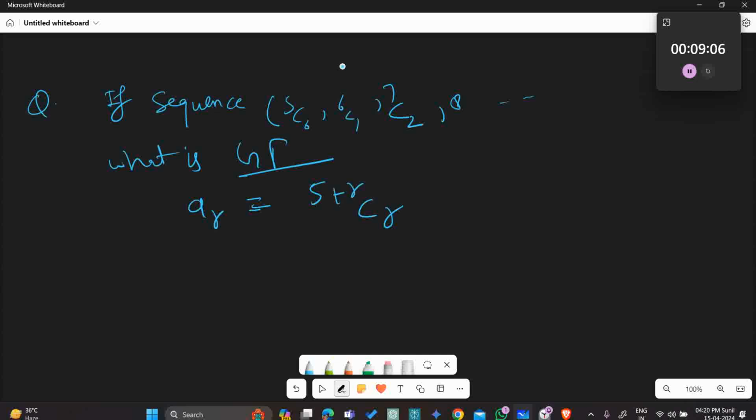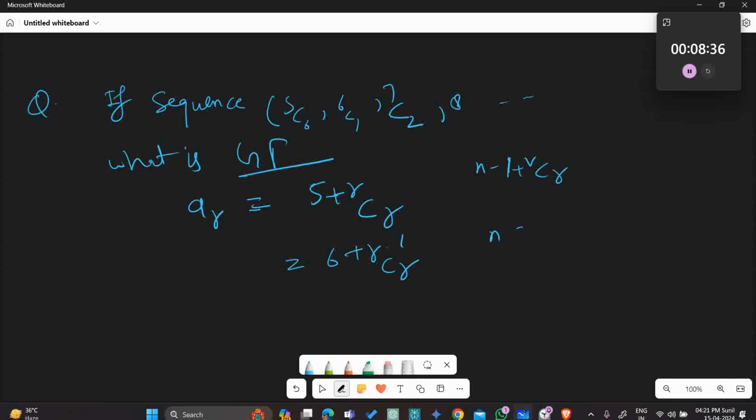If A r is (n minus 1 plus r)Cr, then n minus 1 means 5, so n is equal to 6.